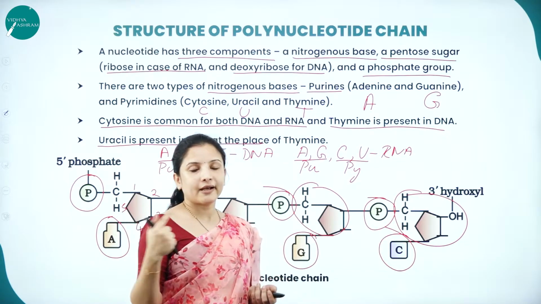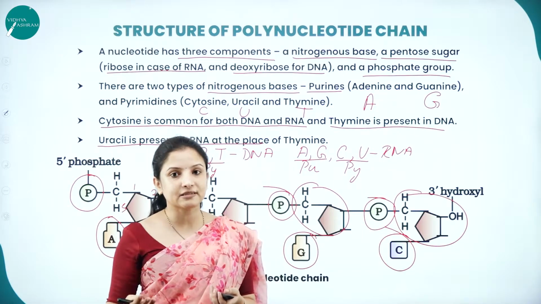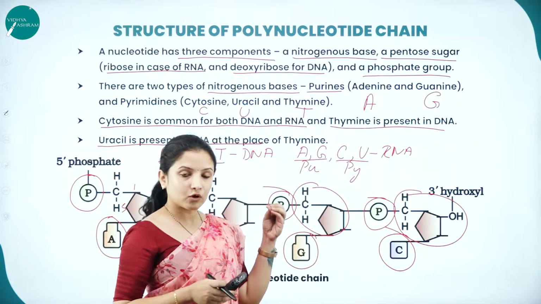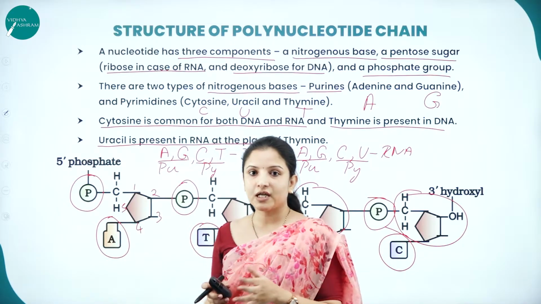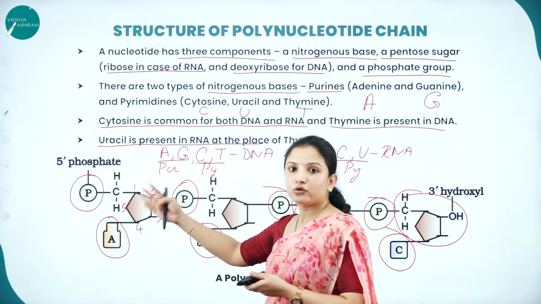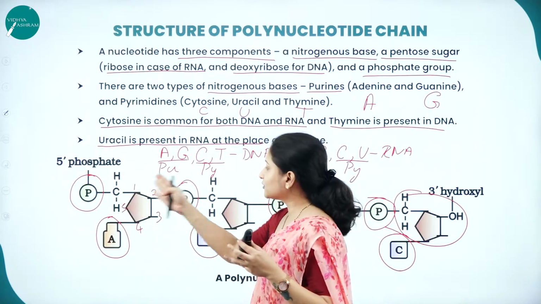The 5' and 3' and all that we shall study later when studying about the Watson and Crick model of DNA. For now we need to understand what is a polynucleotide chain of DNA. It is a polynucleotide chain, right? Because it is made up of many nucleotides. So it is made up of chains of nucleotides.